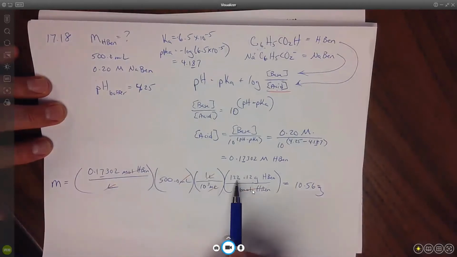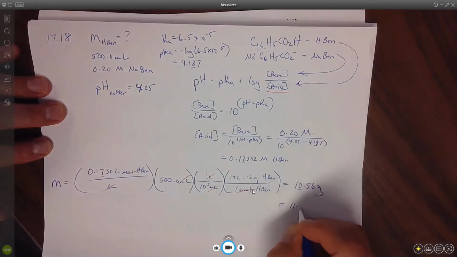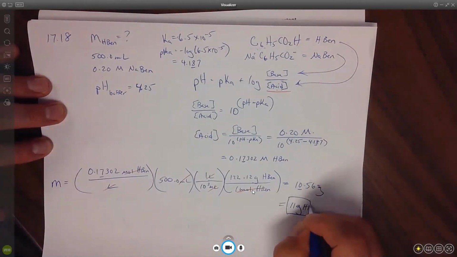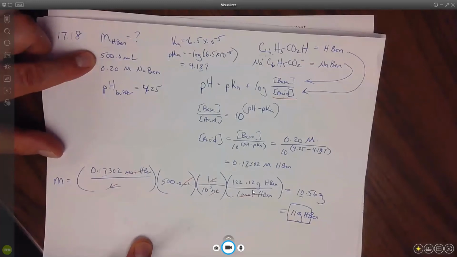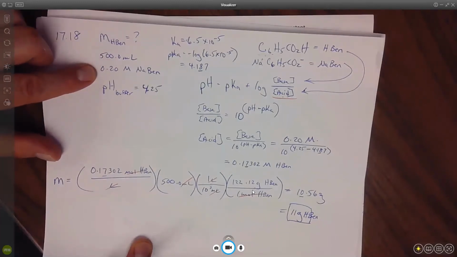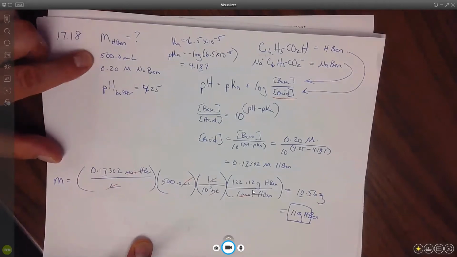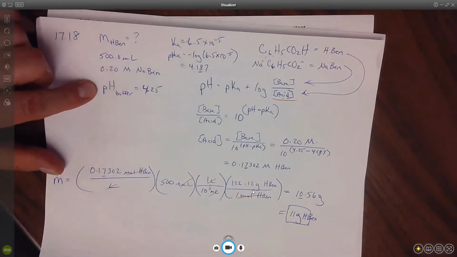That's exact. This is 5. So this is 2. So this is going to be 11. Just 11. You don't even need the point. So it's going to be 11 grams of benzoic acid added to the 500 milliliters of already existing 0.2 molar sodium benzoate, which is going to give us 500 milliliters of a buffer with a buffer capacity of 4.25.